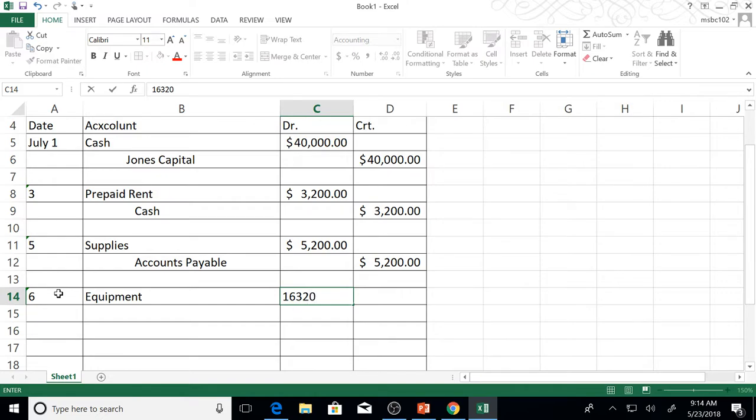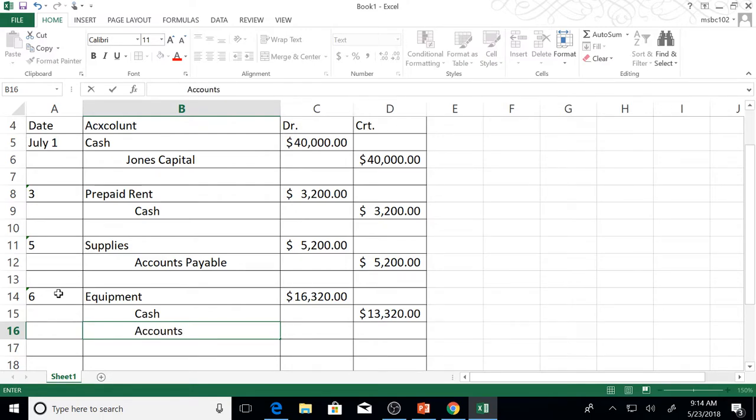And then the cash is going to go down by how much? 13,320. And what else? Accounts payable.